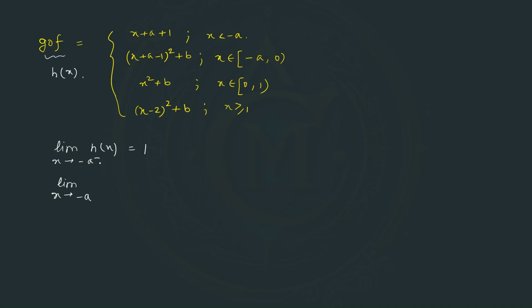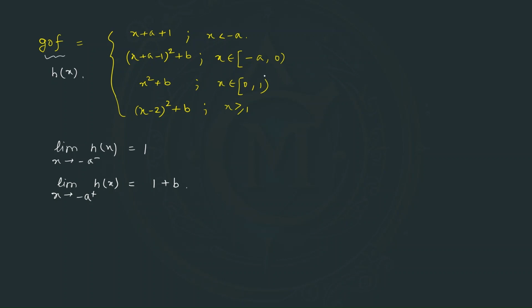So here we say minus a minus, and here we say minus a plus. So limit x tending to minus a from the right side of h(x) is equal to, as x tends to minus a from the right side, we have to use this definition of h(x). So here it will be 1 plus b.